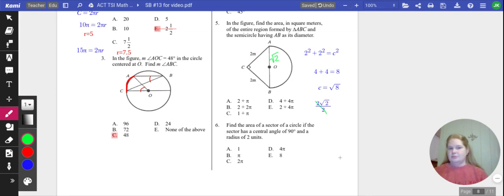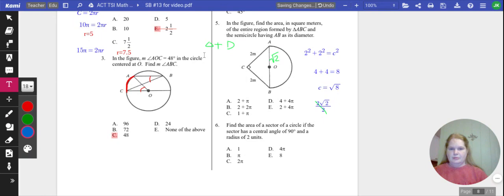Now, that's the first part I need. I need to know how big the circle is, which is an area of a circle, and then I have to find the area of the triangle. So I'm going to do that part over here. I'm going to do the area of the triangle plus the area of the half circle. Here's where I'm going to start typing.